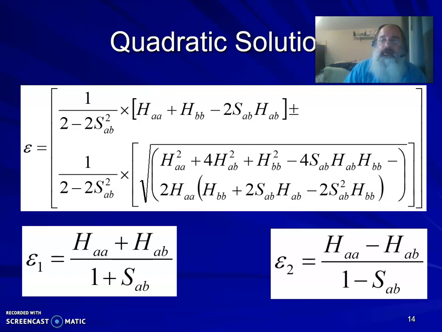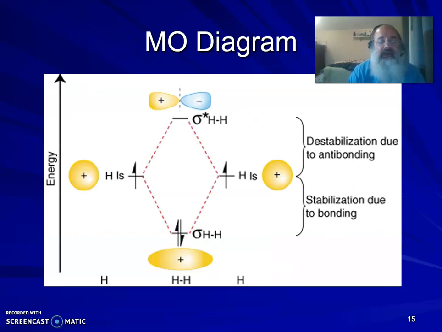And so what we end up with is exactly what we described in Gen Chem, if you got as far as MO diagrams, and in organic, where the bonding orbital is the result of two orbitals approaching at the same sign, and the anti-bonding is the result of two orbitals approaching with opposite sign.